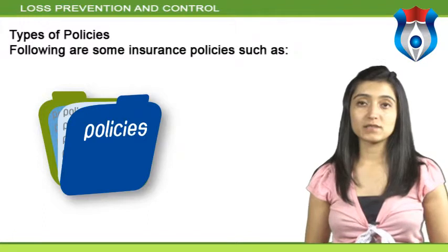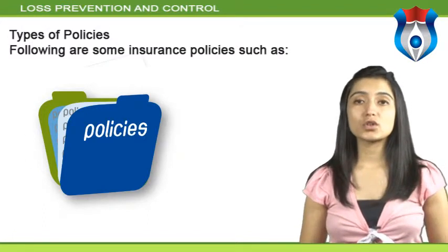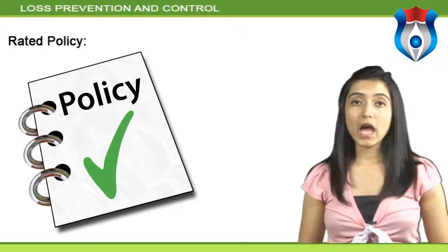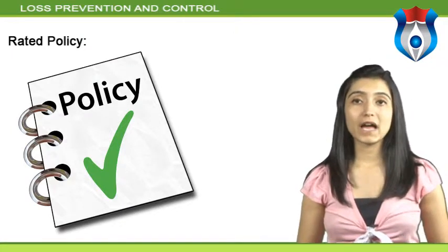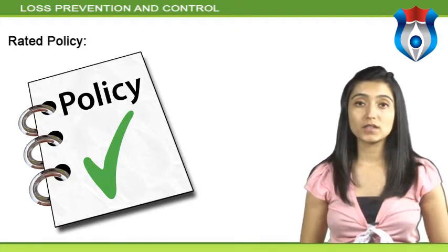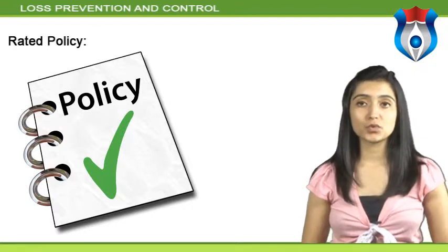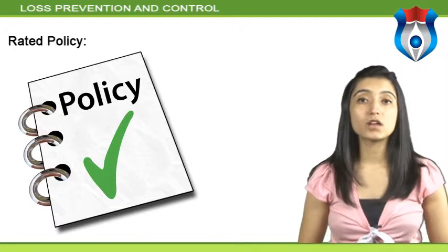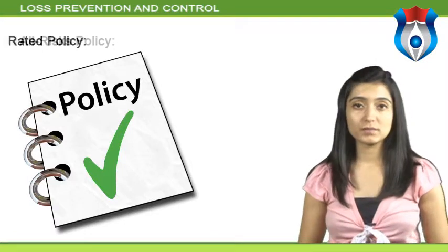Types of policies. Following are some insurance policies and related policy terms. A substandard policy is an insurance policy issued at a higher than standard premium rate to cover higher than standard risk, for example, an insured who has impaired health or a hazardous occupation.